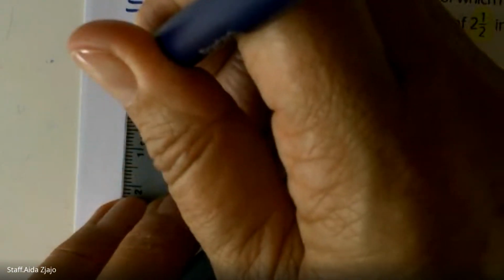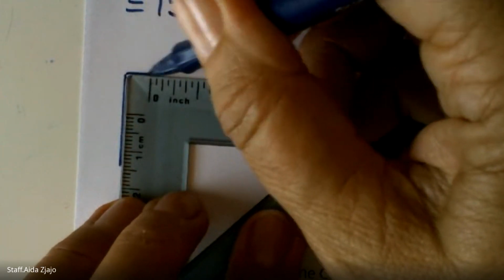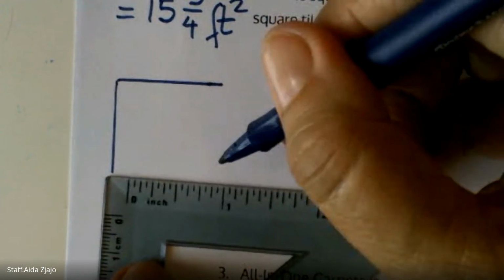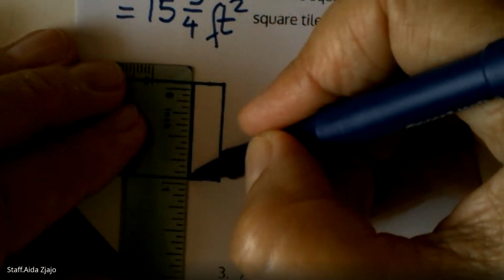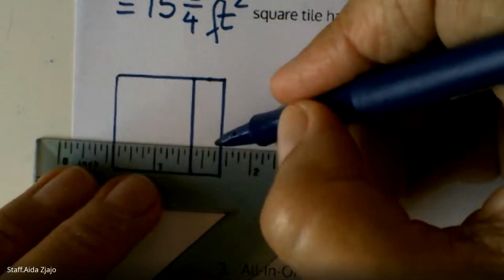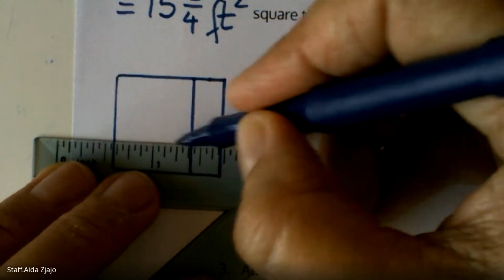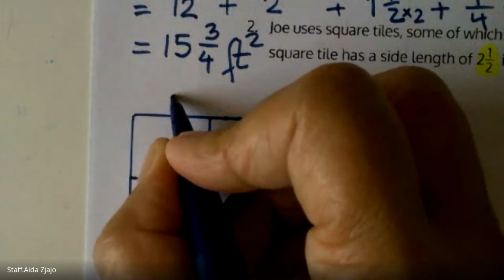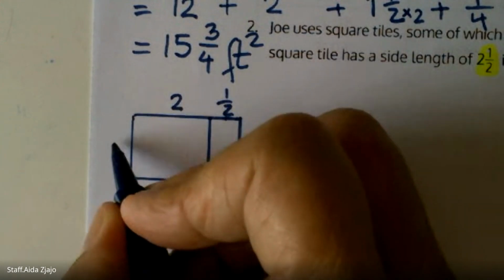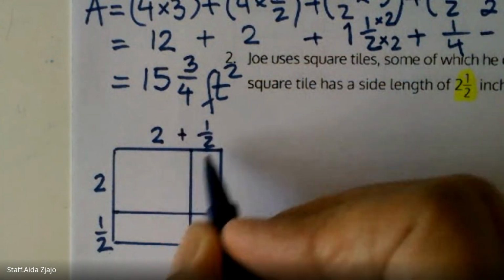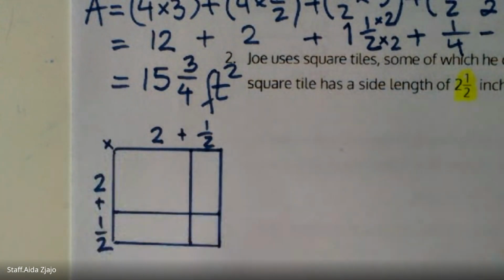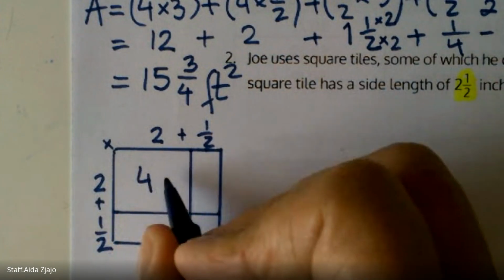If I create a little square right here, and that is 2.5, and this is 2.5, then if this represents 2 and this is half, I can calculate 2.5 times 2.5. 2 times 2 is 4 square feet.